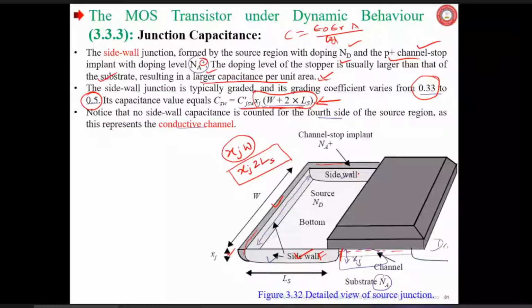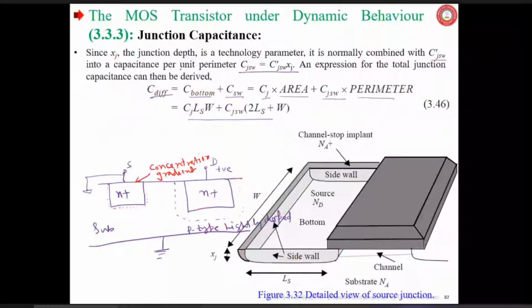And you are multiplying with Cj HW prime. Cj HW prime is the capacitance per unit perimeter.